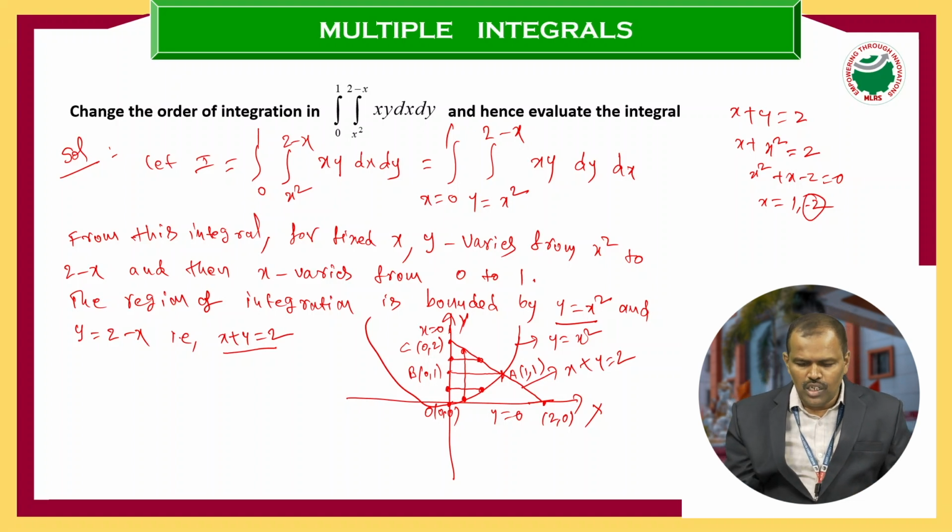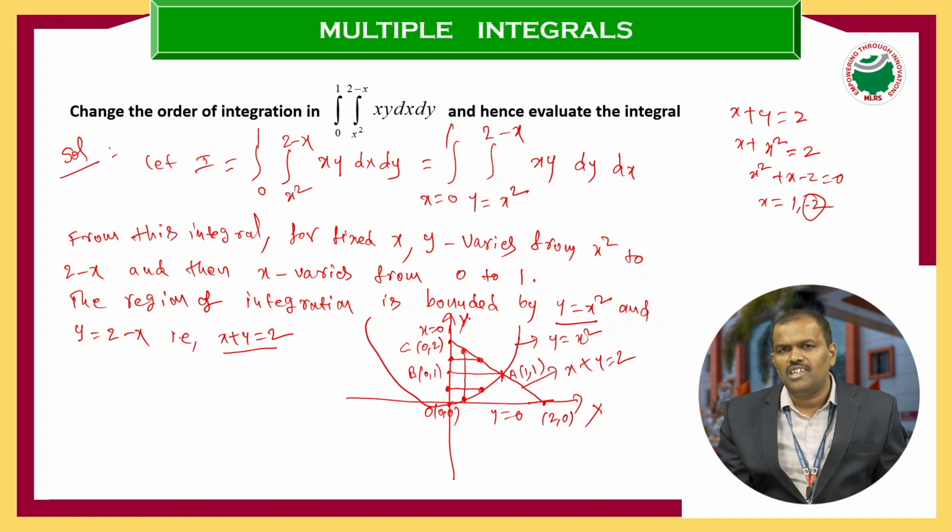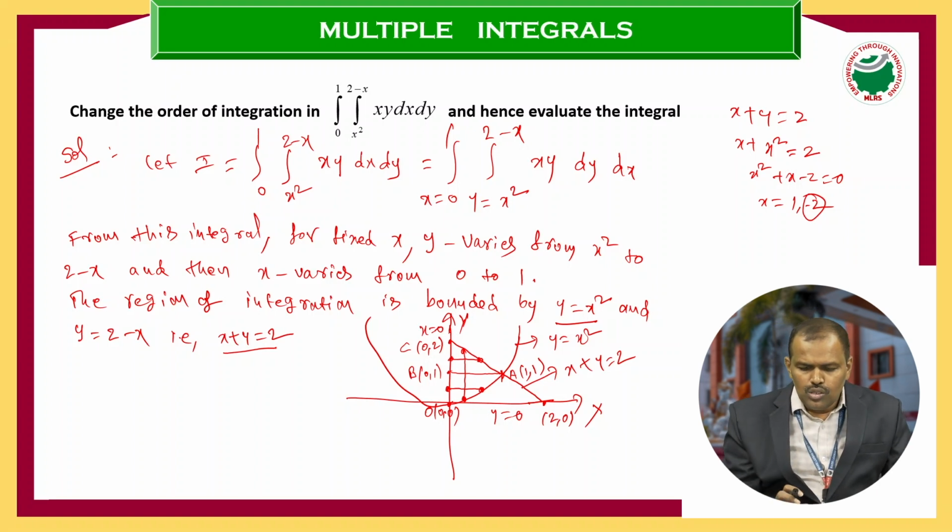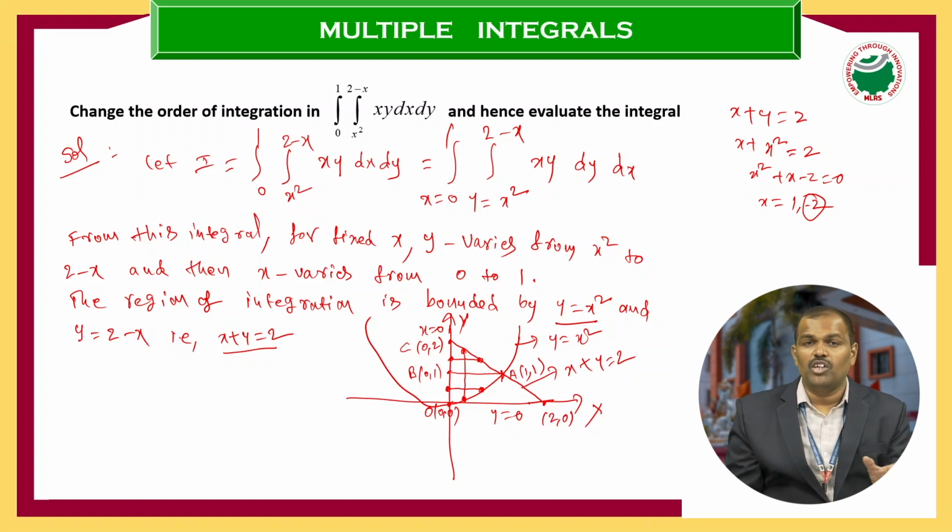That's why we need to find the integral value in OAB and the integral value in ABC and then add the integrals. So this is another concept of change of order of integration. We need to split the entire region into parts and then add the integral values.